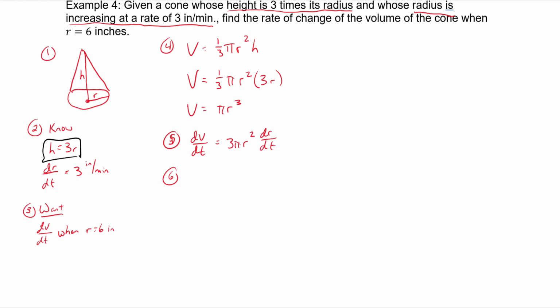So the last step: we want dV/dt. We don't know that. So dV/dt is equal to 3 pi times the radius. We want it when r is 6 inches, so times 6, times our dr/dt, so times 3. And this is going to end up being inches cubed per minute.